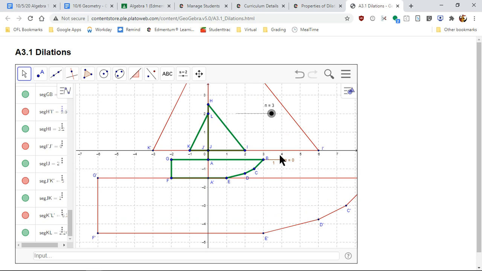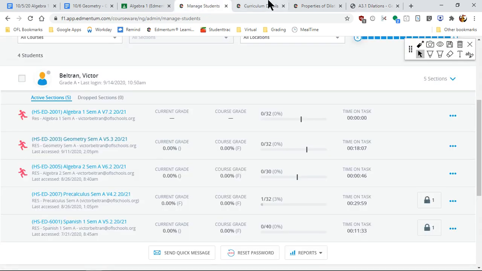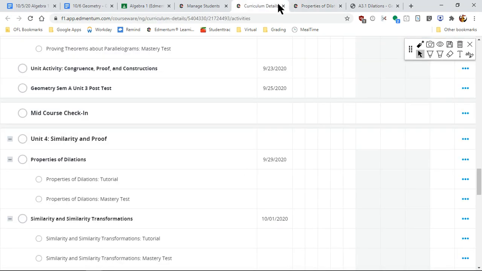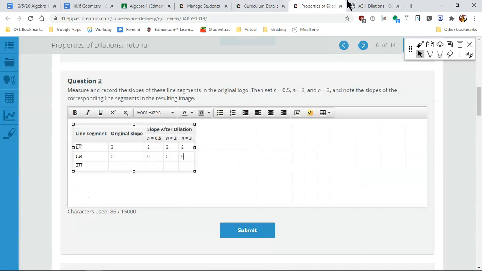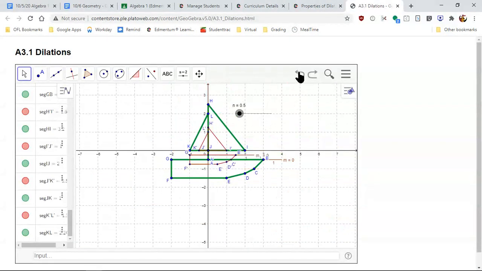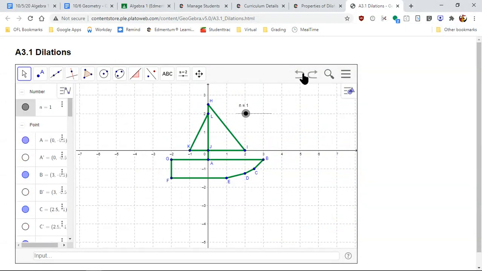If I go to 3, it's still 0. So effectively, what we should be noticing is the slope does not change. And what we're going to learn later on is if the slope doesn't change, that means the angles do not change.